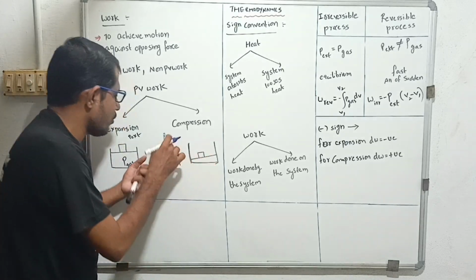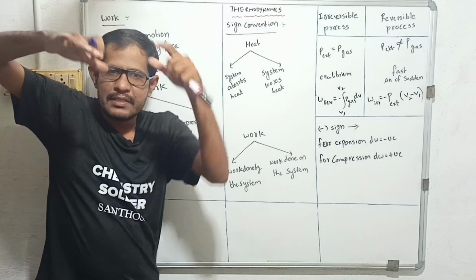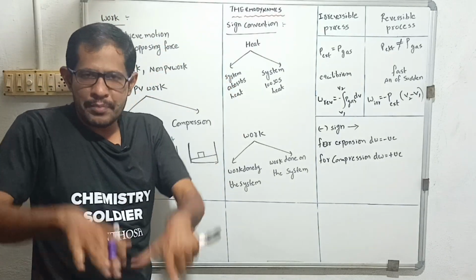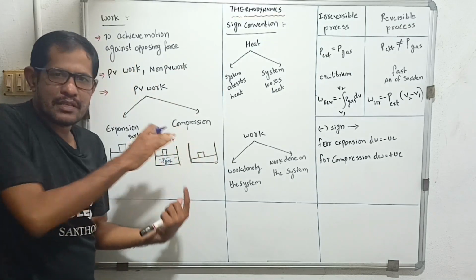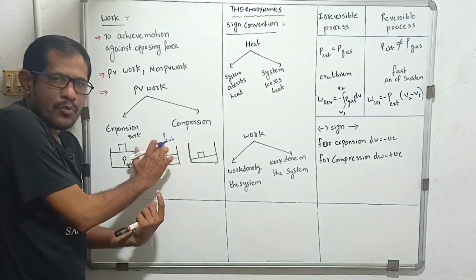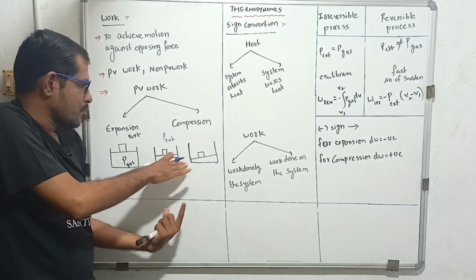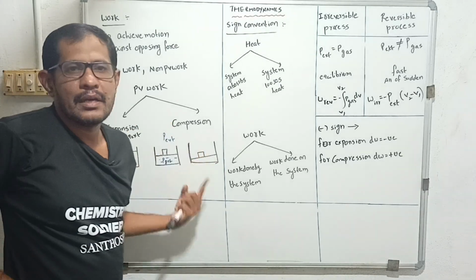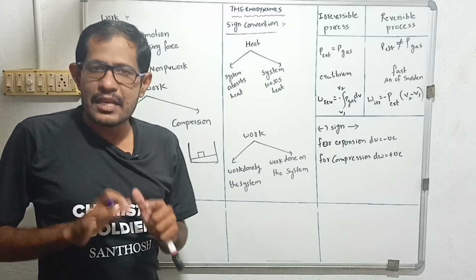If P external is more, the pressure on the opposite side is more, it will push down the piston, right? If the pressure in the surroundings is more, it automatically pushes down the piston. So the compression of the gas will happen.